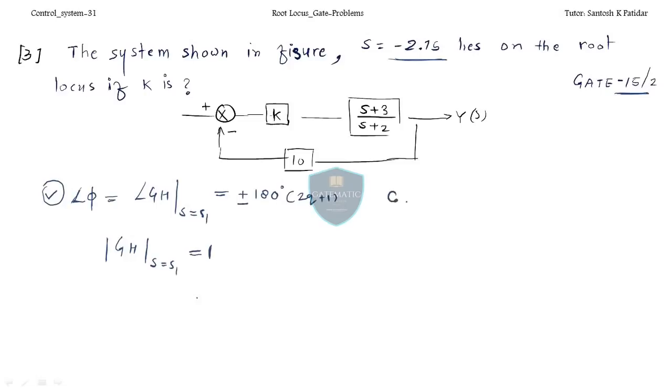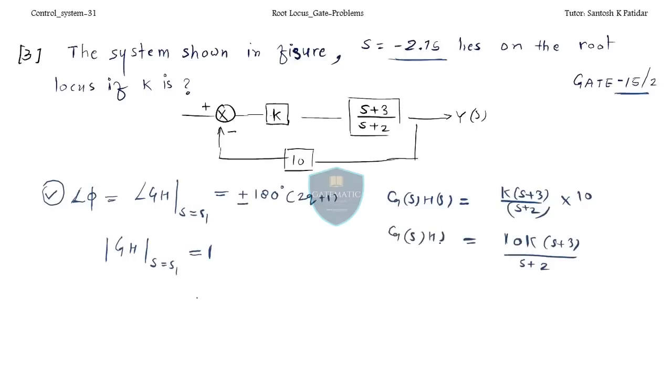Directly find G(s)H(s). Everything is given in the circuit. G(s) is k(s+3)/(s+2), and H(s) is 10, so finally you have G(s)H(s) = 10k(s+3)/(s+2).